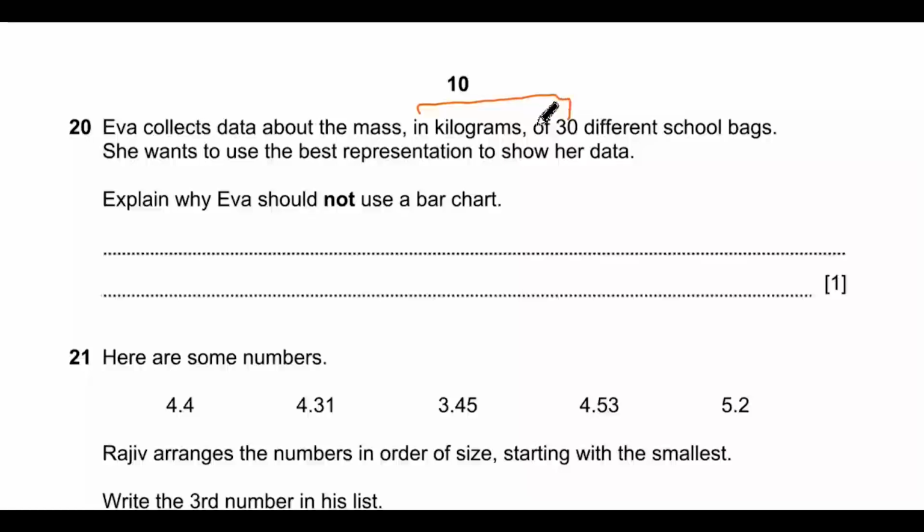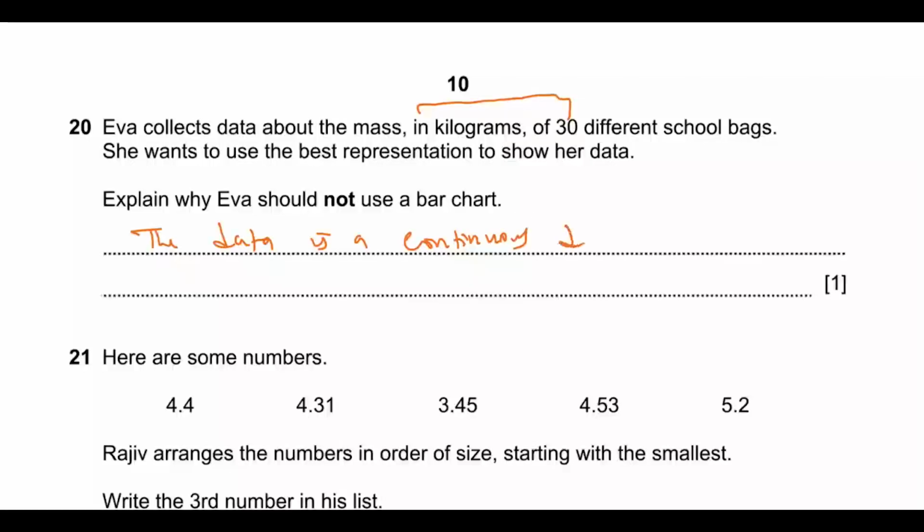So you can say because it is a continuous data. Another one is to say bar chart is used for discrete data. So another one is to say bar charts are used for a grouped continuous data. So you can write any one of these. Okay, so I can say the data is a continuous data. To pick one, the data is a continuous data.